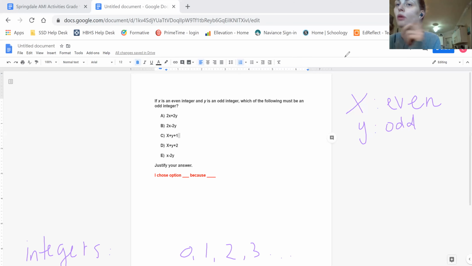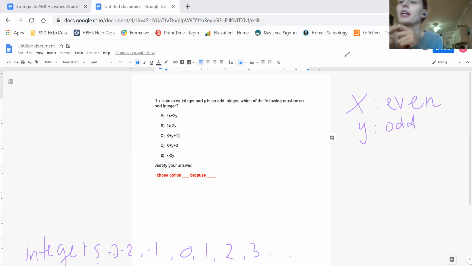Whenever we include 0, 1, 2, 3, 4, 5, 6, 7, and so on, those are whole numbers. And integers are also going to include -1, -2, -3, -4, -5, and so on. I'm going to put dots there to show that it goes on forever.